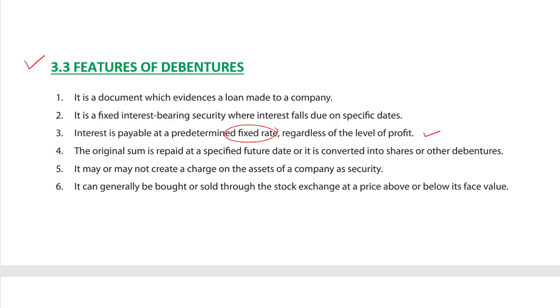The original sum is repaid at a specified future date or it is converted into shares or other debentures. It may or may not create a charge on the assets of the company as security. It can generally be bought or sold through the stock exchange at a price above or below its face value.